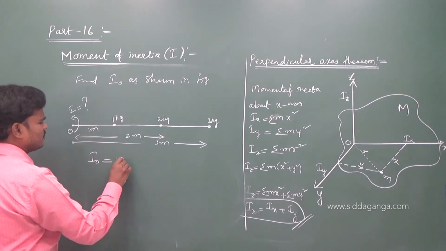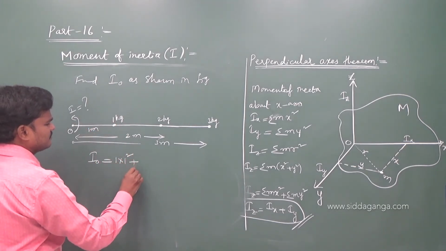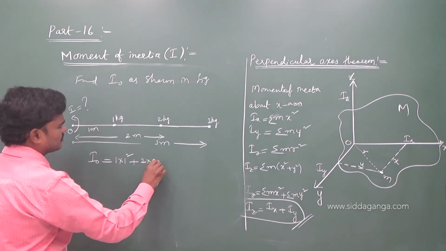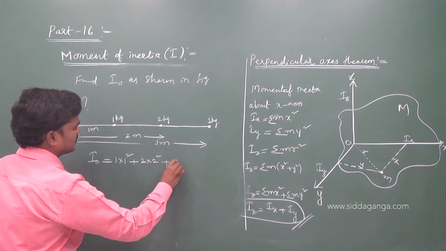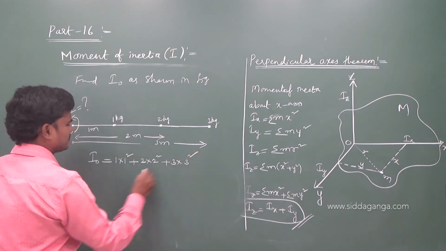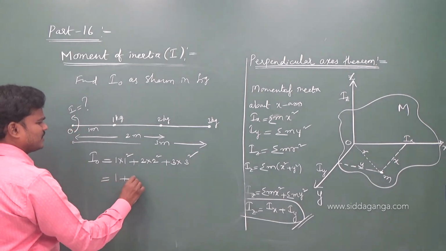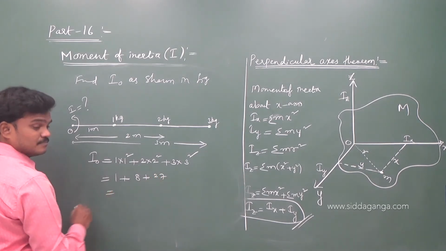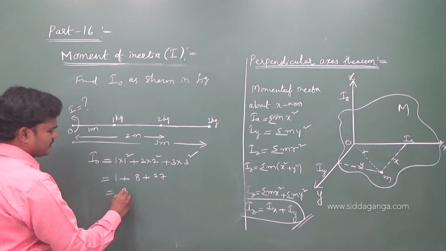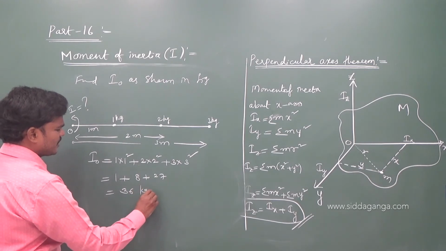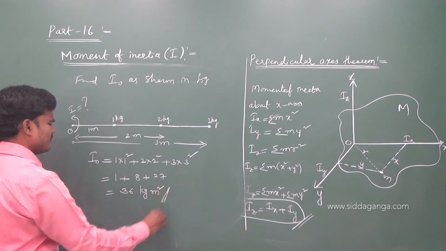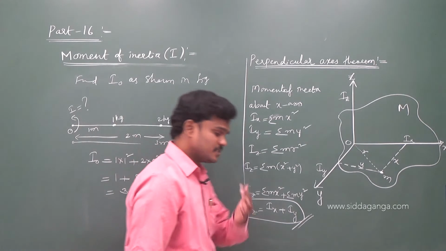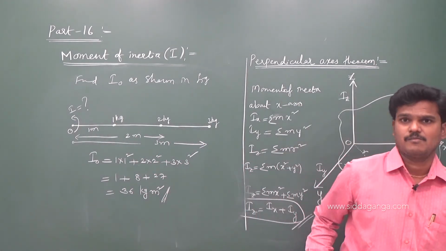So 1 into 1 square plus 2 into 2 square plus 3 into 3 square. This is 1 plus 8 plus 27, which is 36 kg meter square. Simple problem.